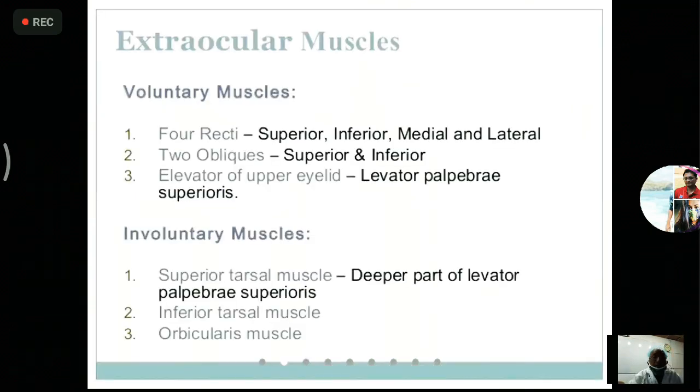The extraocular muscles are also divided into voluntary and involuntary muscles. Voluntary are the four recti, two obliques, and the LPS muscle. Involuntary is the superior tarsal muscle, the deeper part of the levator palpebrae superioris, which is responsible for Horner syndrome, and the inferior tarsal muscle and orbicularis oculi muscle. These are the types of the extraocular muscles.